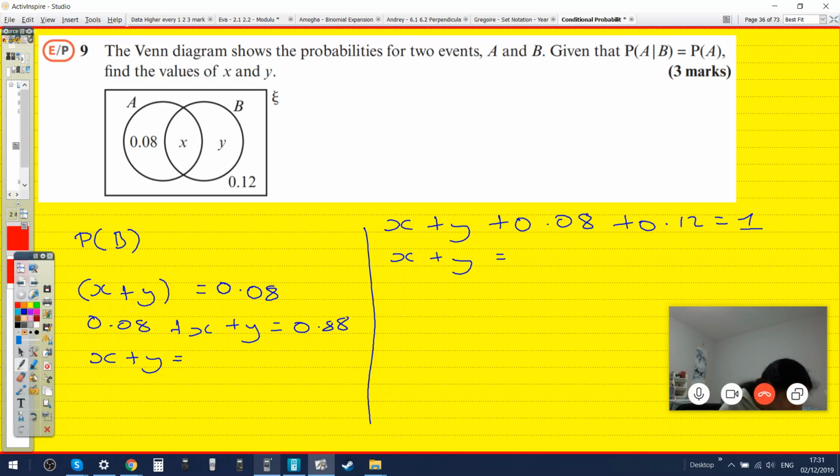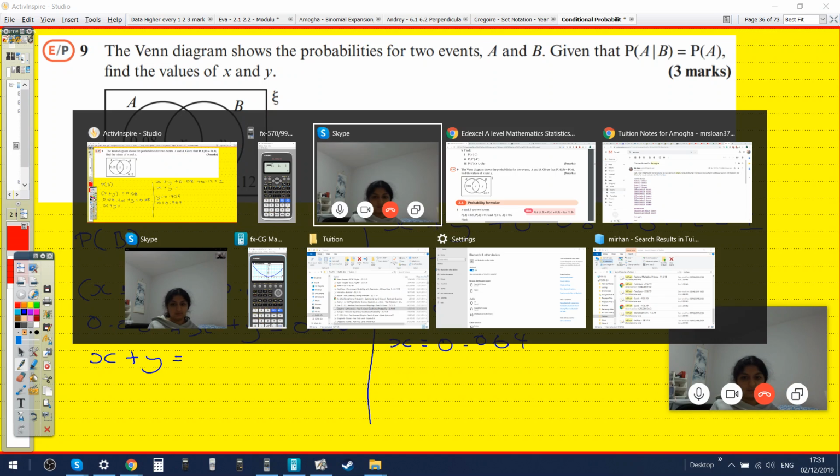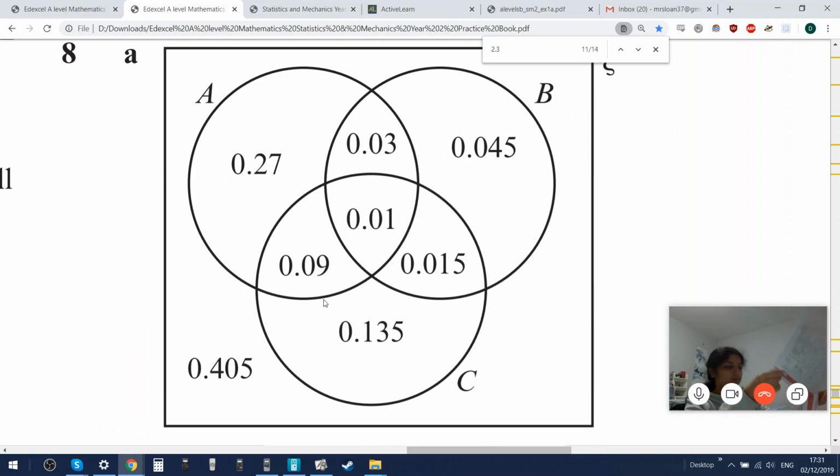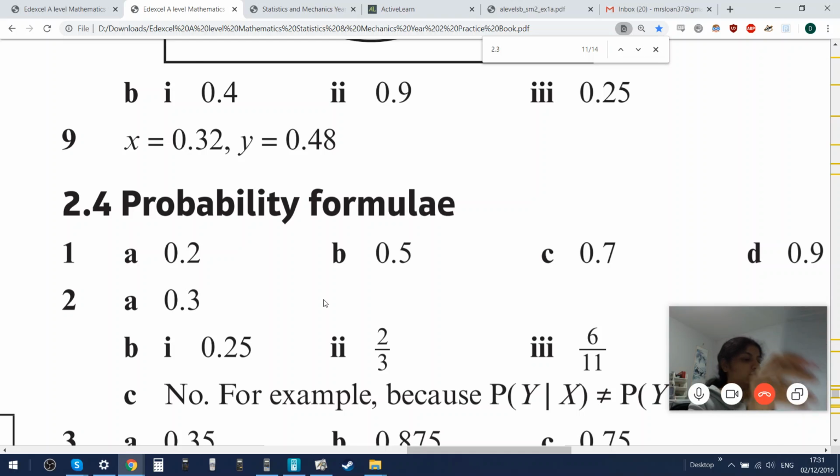I got Y is equal to 0.736, and that means X is equal to 0.064. You better be right about this. This is question 9. I have to make sure I don't make the same mistake again. You're not right.